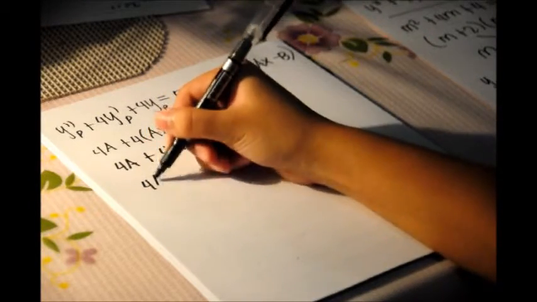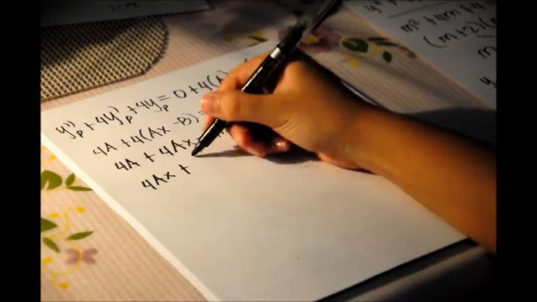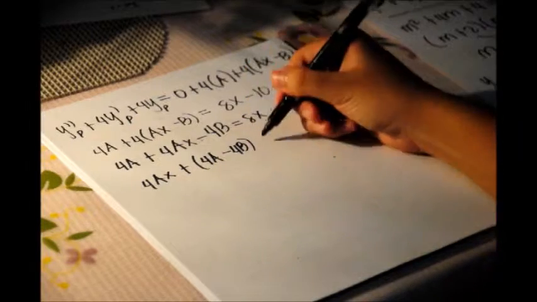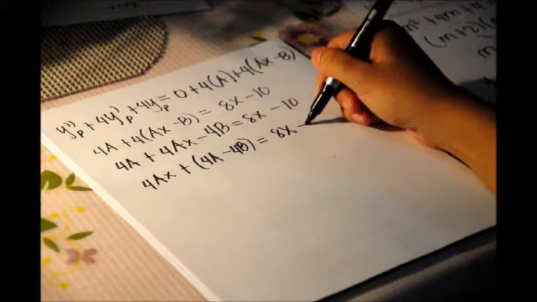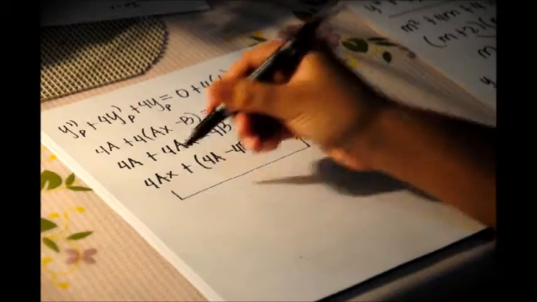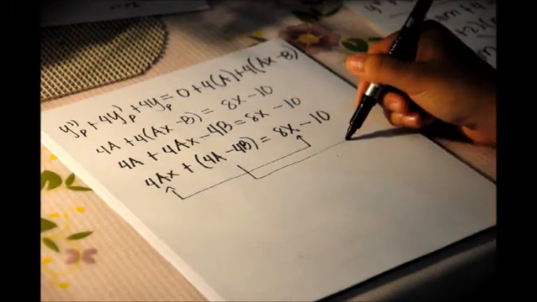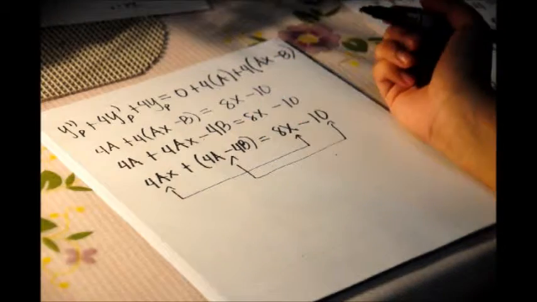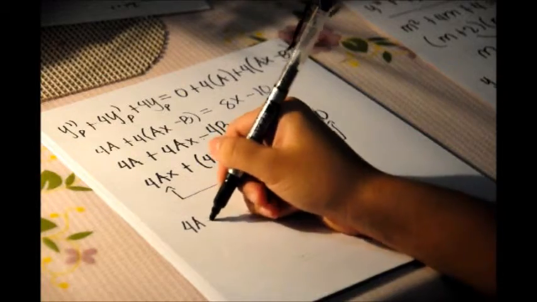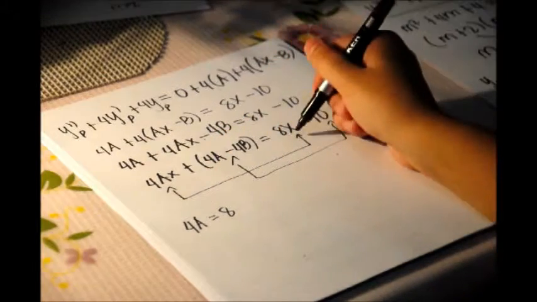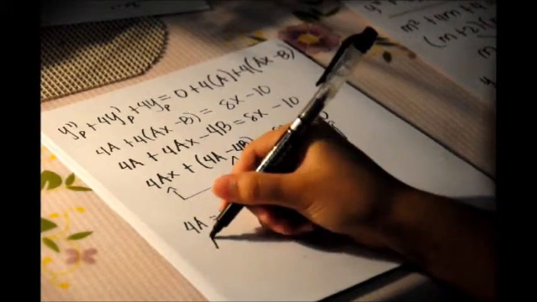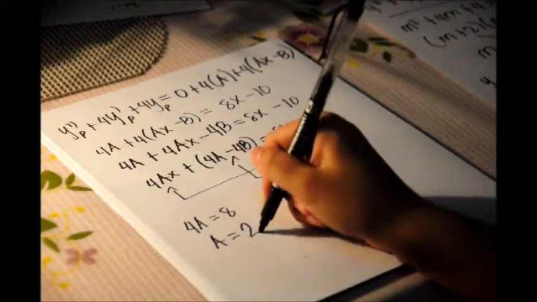So 4AX plus 4A minus 4B is equal to 8x minus 10. So both of these have x's and both of these parts are constants. So now it becomes 4A is equal to 8. We have omitted x in this case. So A is now equal to 2.